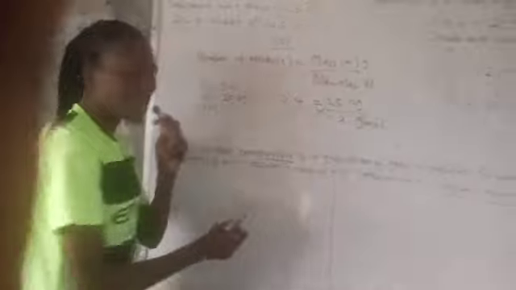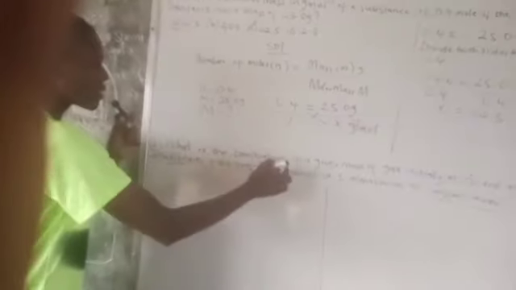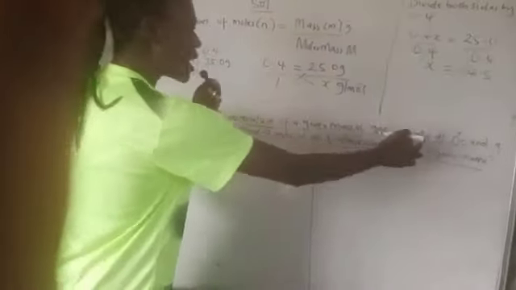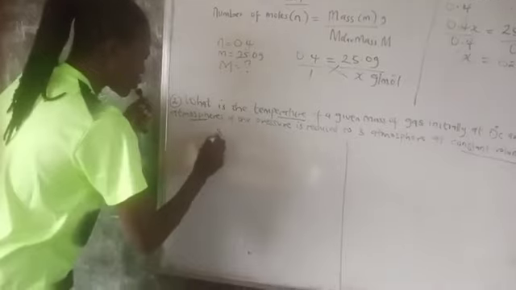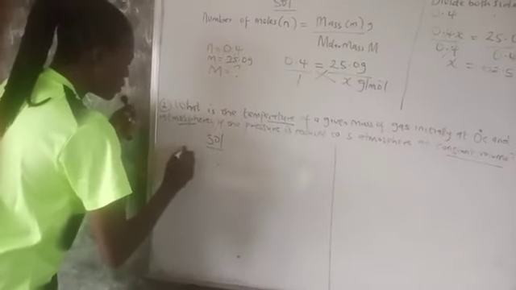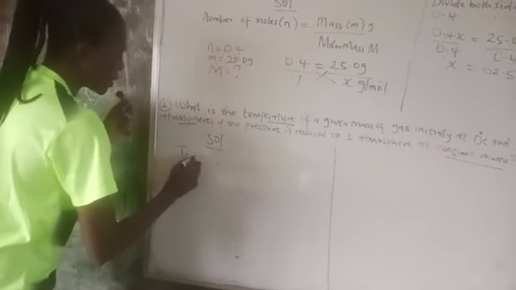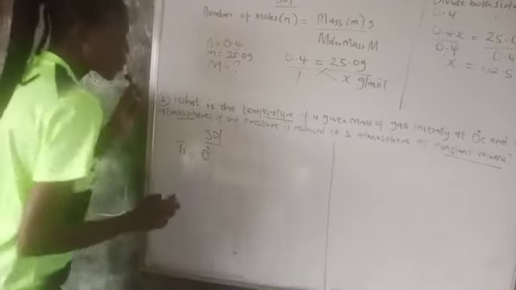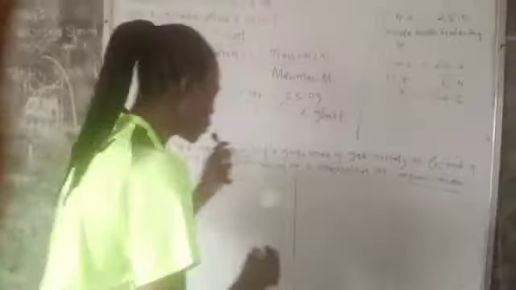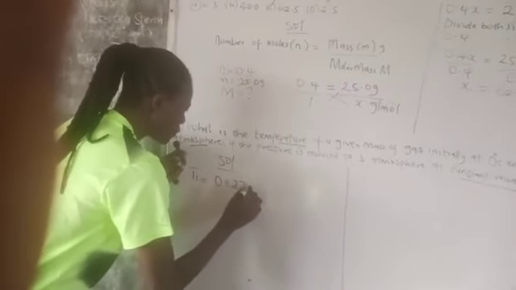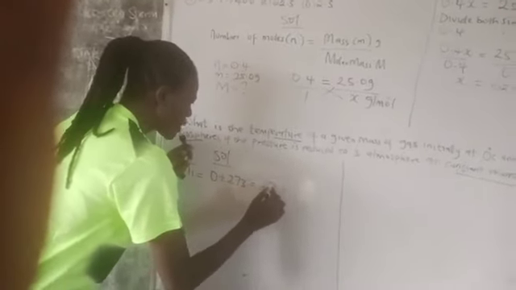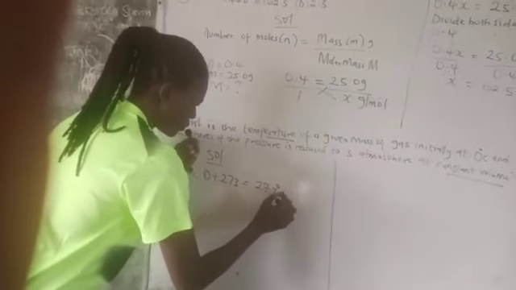Looking at this formula, we're going to pick out our parameters. The gas is initially at 0 degrees, that's T1. But we have to convert it to Kelvin, so 0 plus 273 will give us 273 Kelvin.